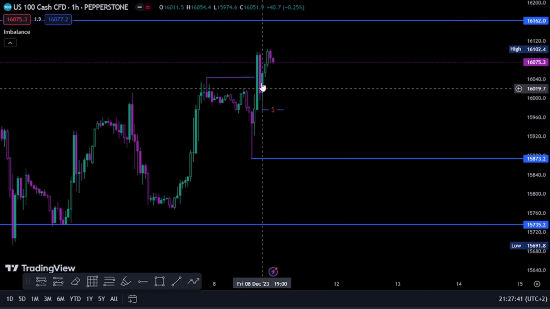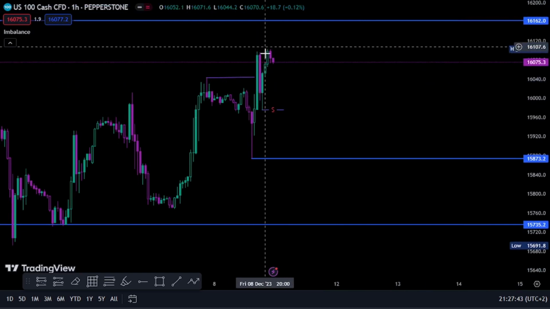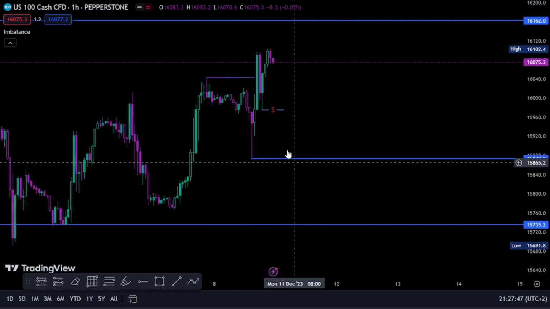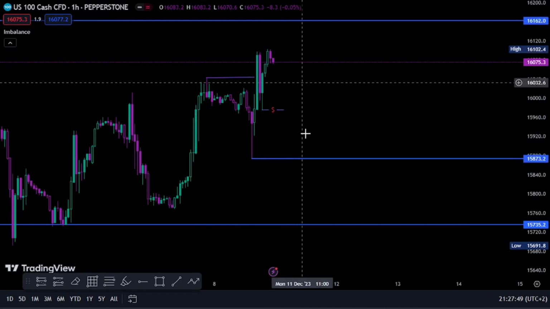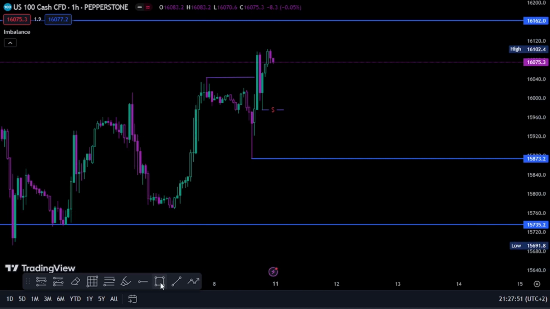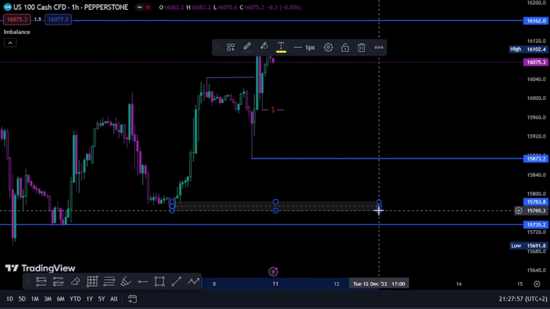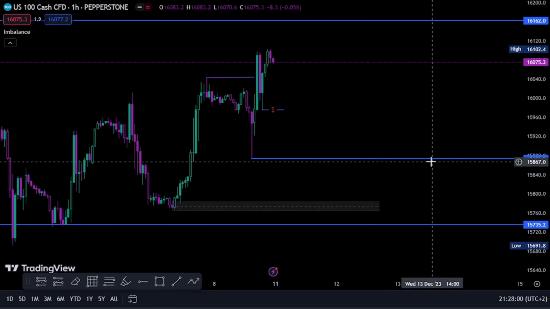You see, it's only one candle. It's not a pullback. This is a pullback. So if we break this, then we know that we're not coming here. We're coming for these lows and then to move up again.